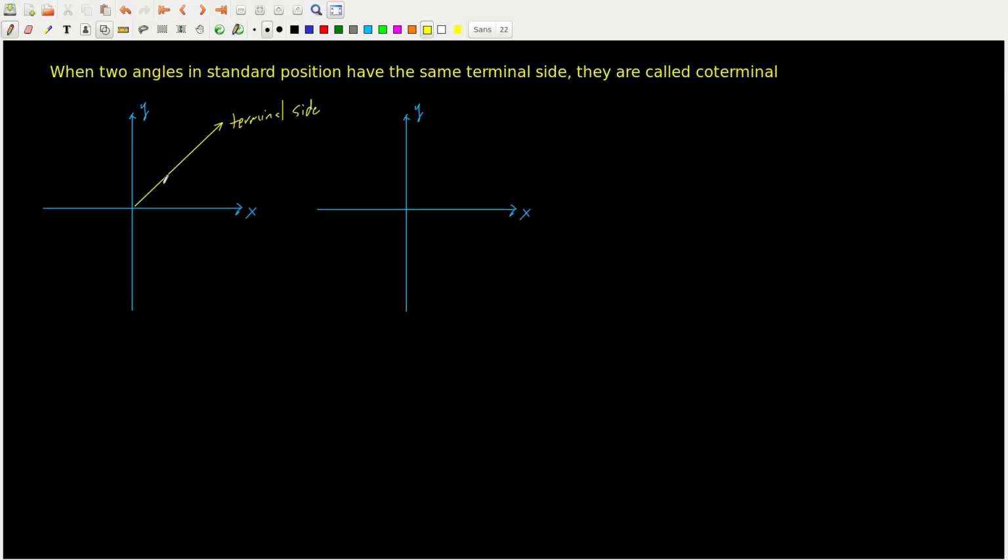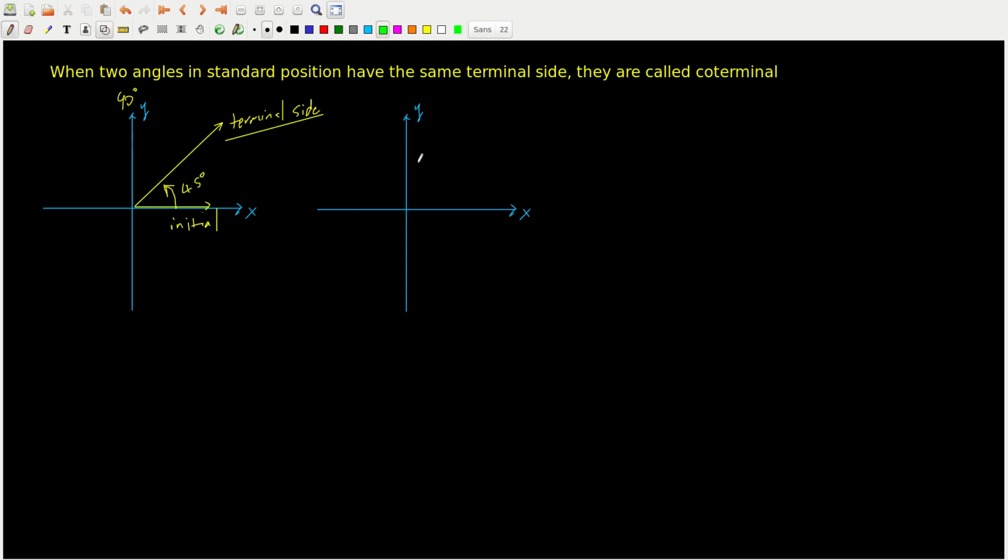So here's an example. I've marked here an angle that I intended to be 1/8 of a rotation, so 45 degrees. Remember, 90 degrees takes us to the y-axis from the initial side. In standard position, I'm always going to work in standard position unless we say otherwise. So that means the initial side is along the positive x-axis, and we're measuring counterclockwise from there. So here's a 45 degree angle with the terminal side up here.